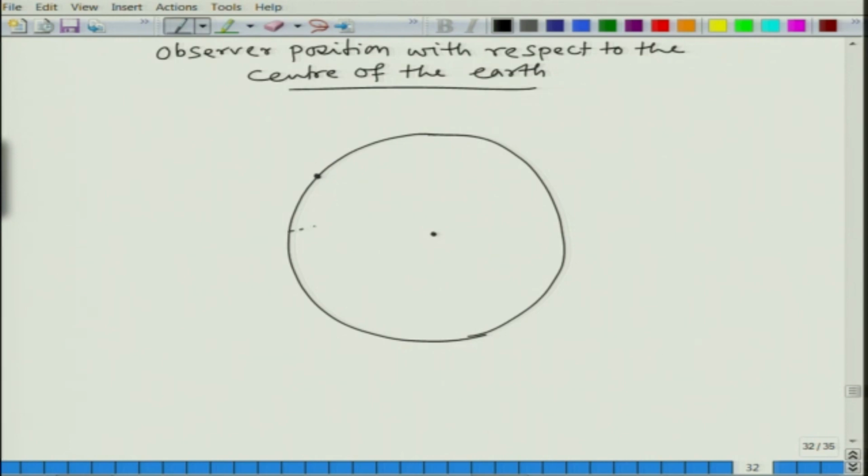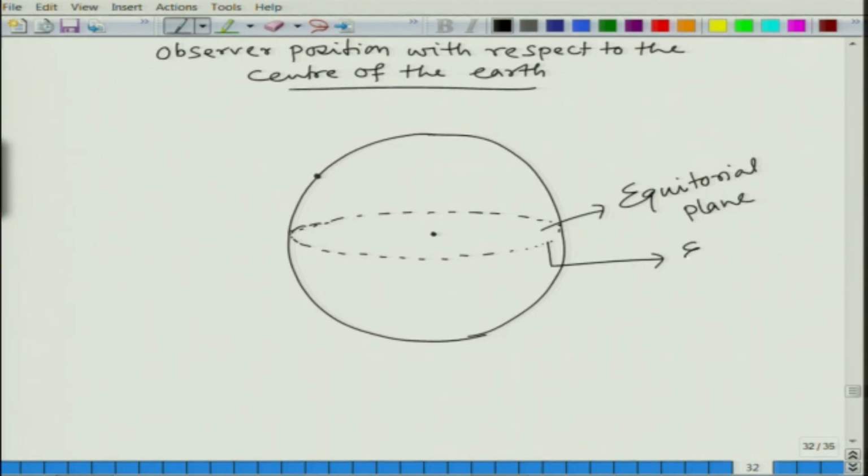So, you can draw a plane, or you can draw the equator itself, which will give you the equatorial plane. Okay. So, this is the equatorial plane, and this particular line itself is the equator.